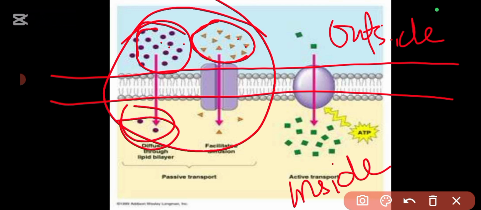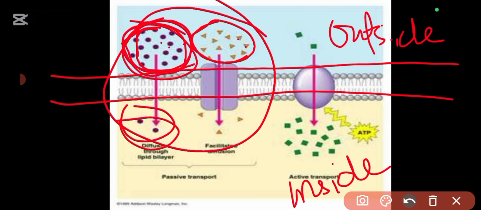As they are, their movement into the cell will be by diffusion. Why? Because their concentration outside the cell is more than we have inside the cell. So we aptly define diffusion as the movement of substances, solutes, salts, molecules, ions from a region of higher concentration to a region of lower concentration.